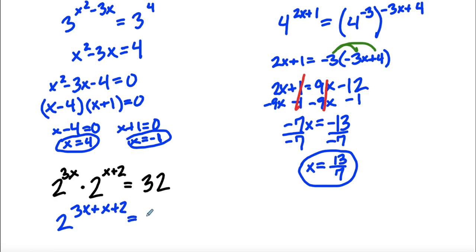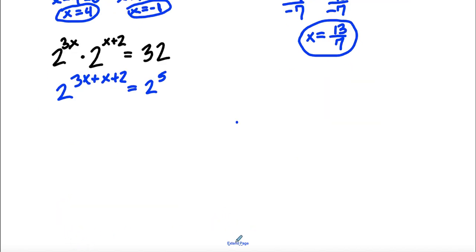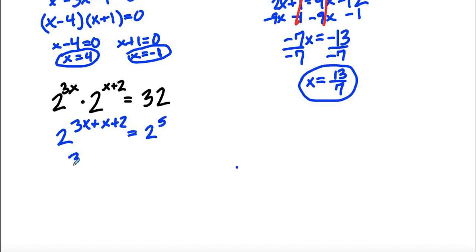Now 32 is the same as 2 to the 5th power, okay? So if you practice these, you get good at them. If you have to work it out, 2 times 2 times 2 times 2 times 2 gives you 32. Okay, so now I'm going to set the exponents equal, and that's going to give me 3x plus x plus 2 equals 5.